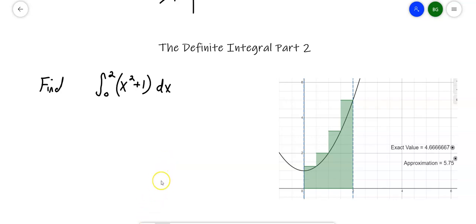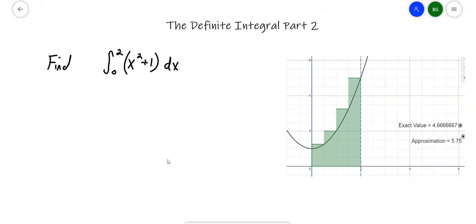So this is going to be just a video that gives another example of how to find a definite integral using the definition of the definite integral. So recall that the definition of the definite integral is this.